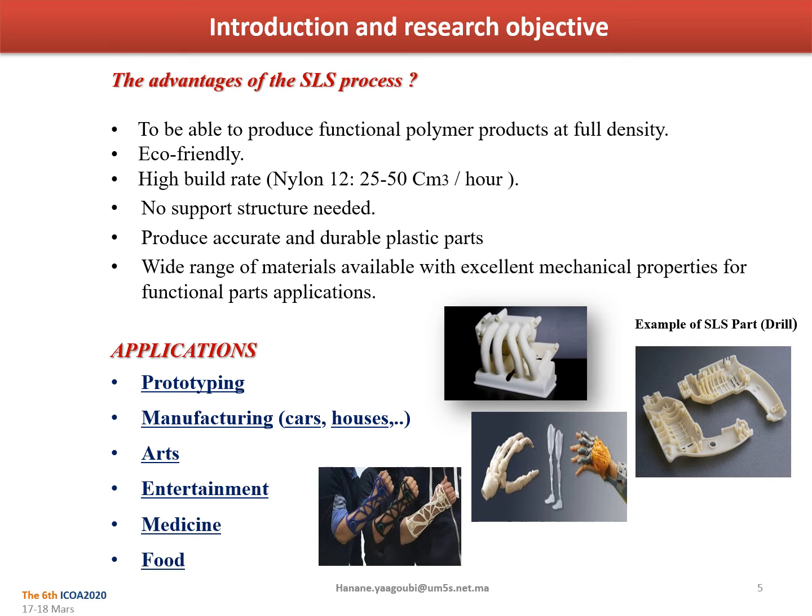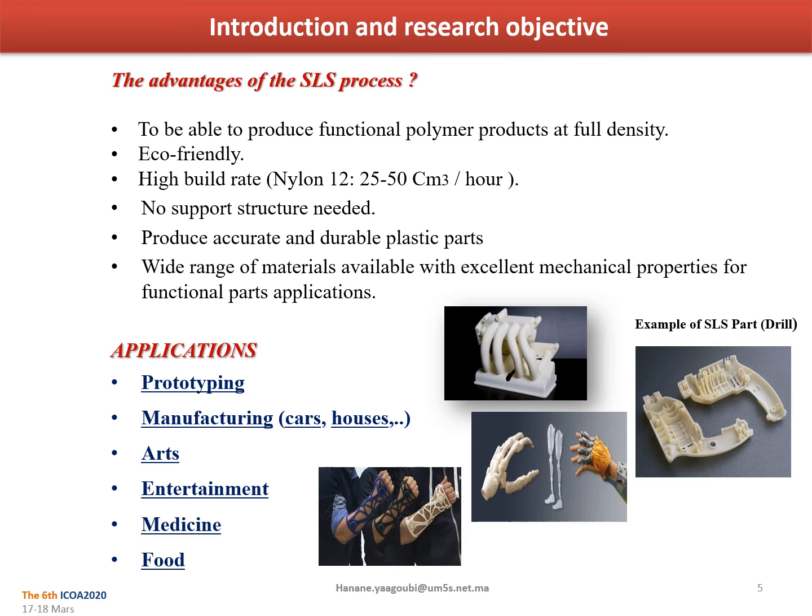So what are the advantages of the selective laser sintering process? Using this process makes us able to produce functional polymer products at full density, which is eco-friendly, and we have a high build rate, and we don't need any support structure, and we can produce accurate and durable plastic parts, and we have a wide range of materials available with excellent mechanical properties for functional part applications.